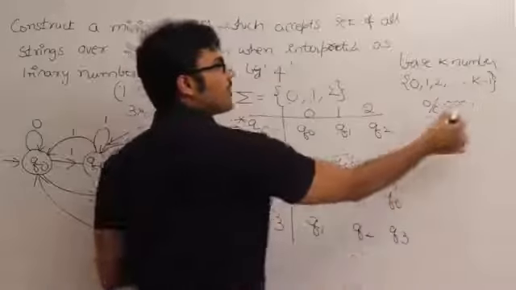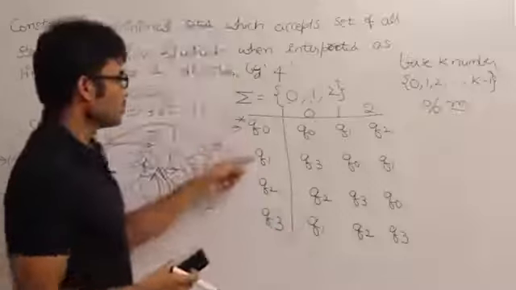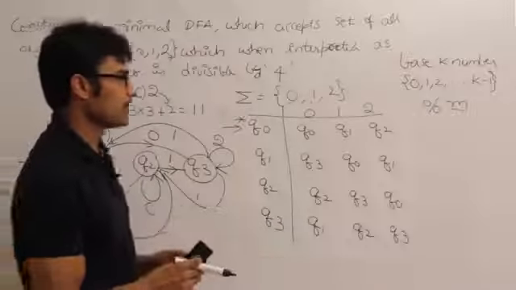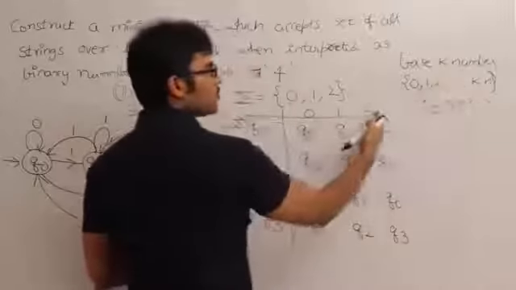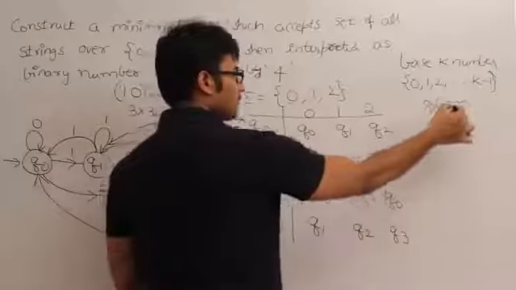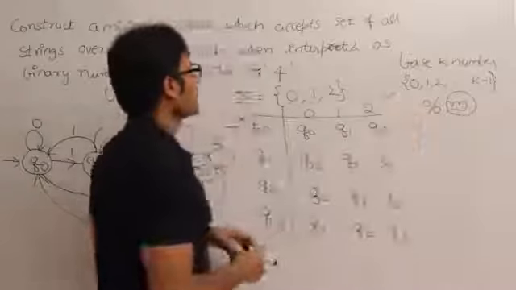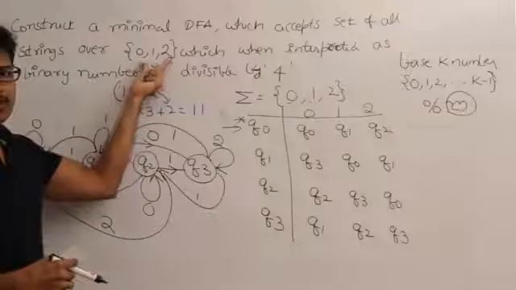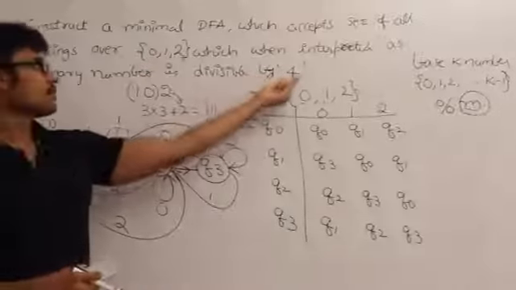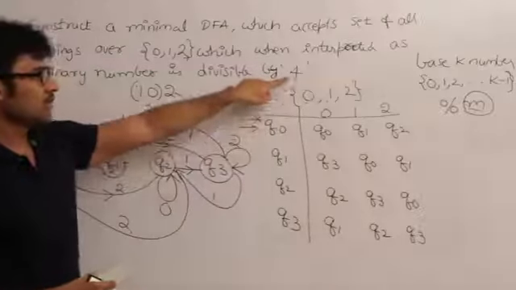Then simply you have m states, q0, q1, q2, so on, qm minus 1, and the columns will be 0, 1, 2, 3, up to k minus 1.